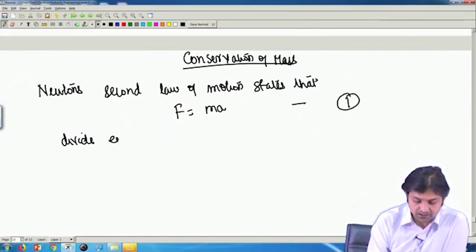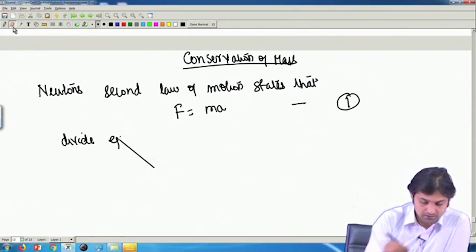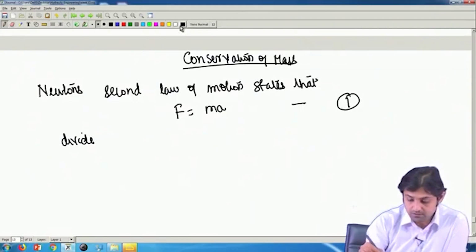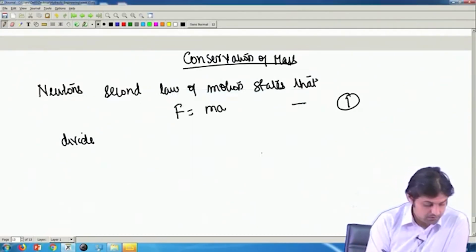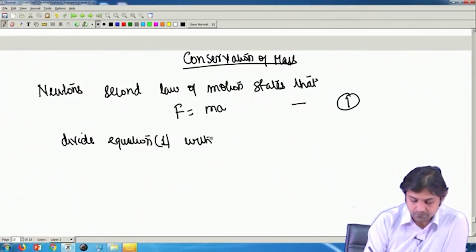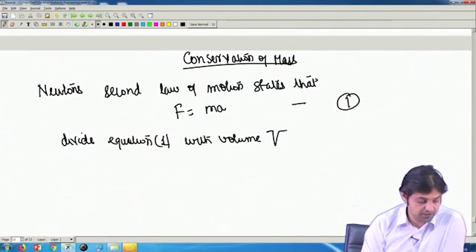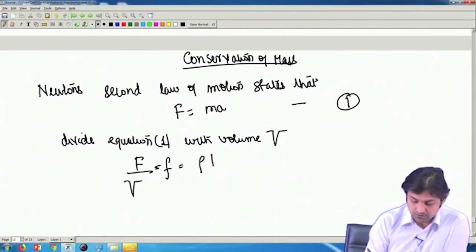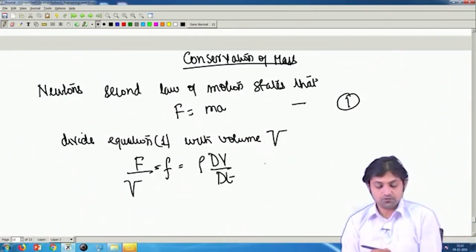If we divide equation number 1 by volume, which in this module we denote by V, this becomes F by V, which is small f, equal to rho dV by dt. That is force per unit volume.